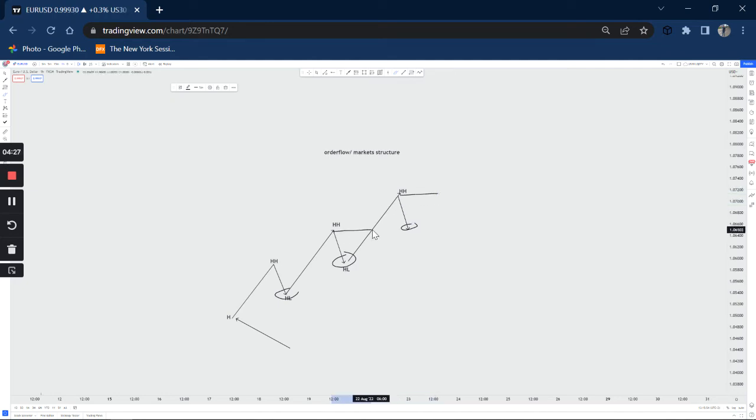Once price breaks above these previous higher highs, that's when these higher lows are valid. If price hasn't broken, for example here, we can see that price hasn't broken above these higher highs here, so this is still not a higher low. We're gonna wait for price until it breaks above, and then that is when we declare this as higher lows, once we've broken above this structure.